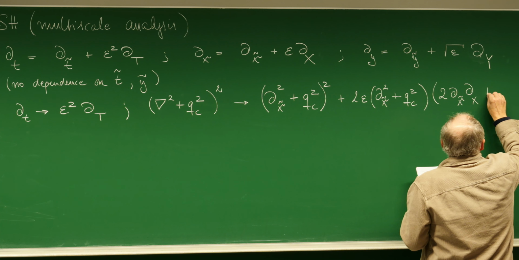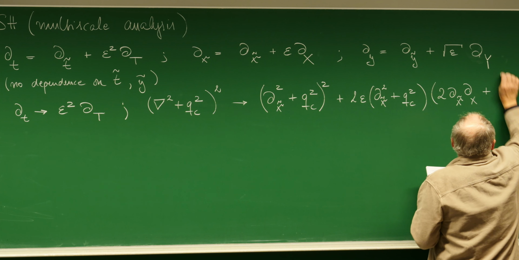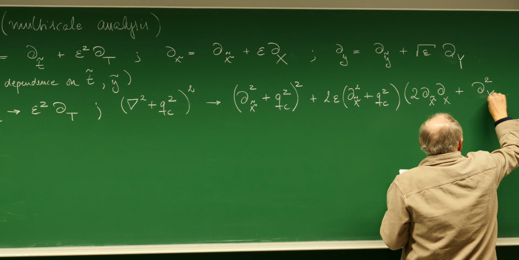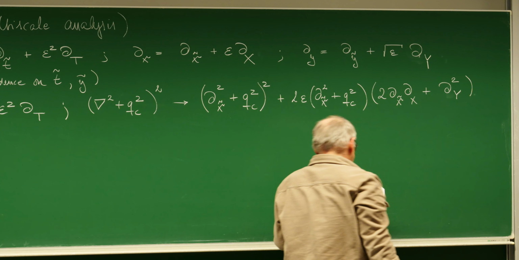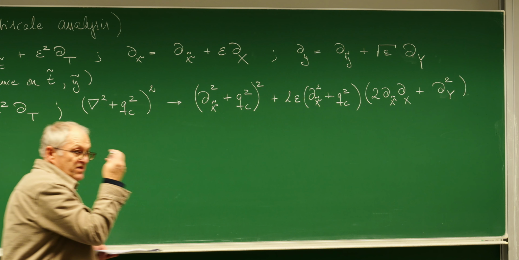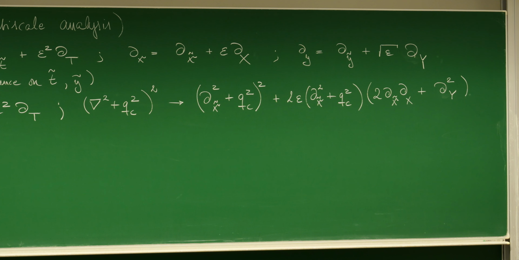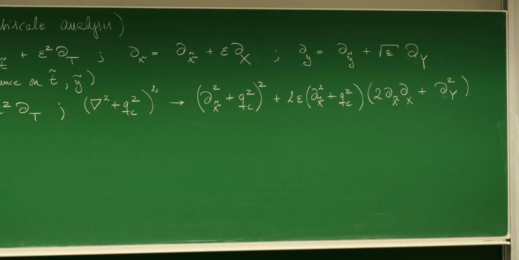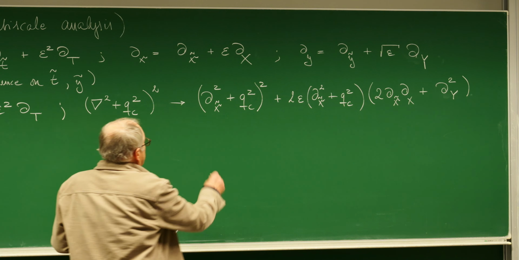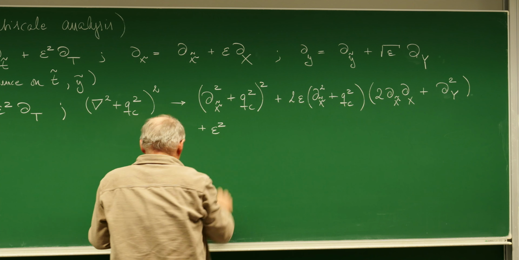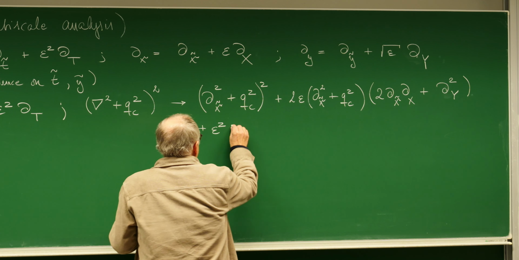dx plus d squared y. Okay. So just expanding out the operator, inserting the expansion that you have in the top line. That's what I'm doing here. That's to linear order and to quadratic order in our bookkeeping parameter.